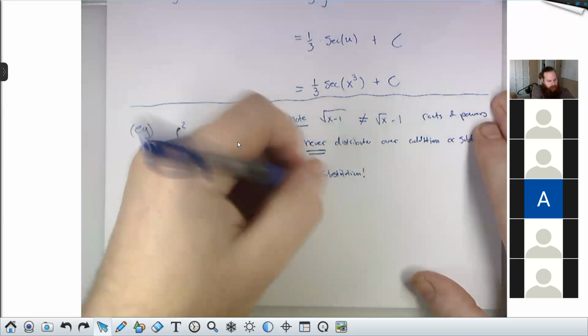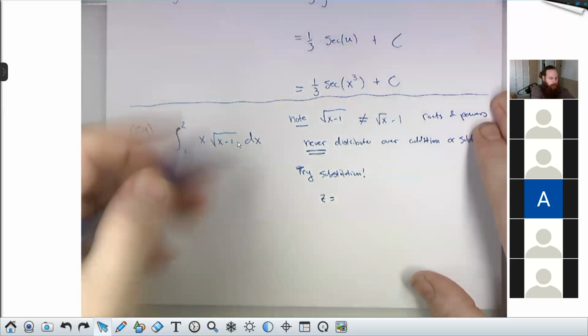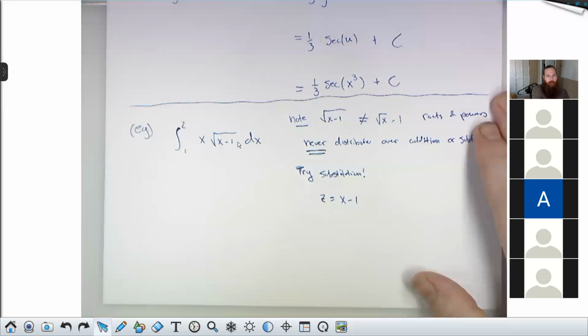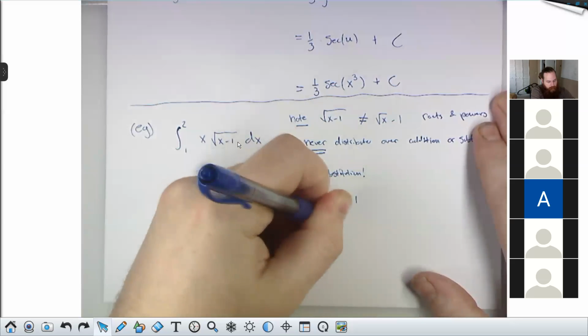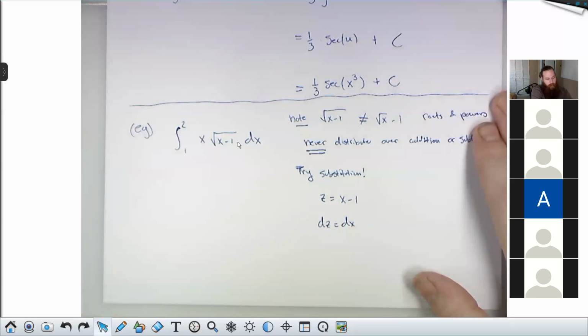Here I'll use the symbol z instead of u, and I'm going to let z be x minus 1. If I differentiate on both sides, I find that dz is just dx because the derivative of 1 is 0.